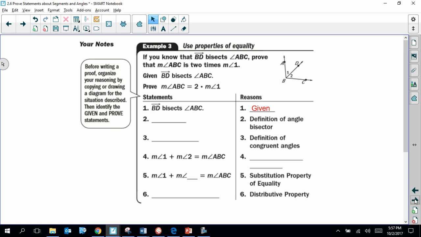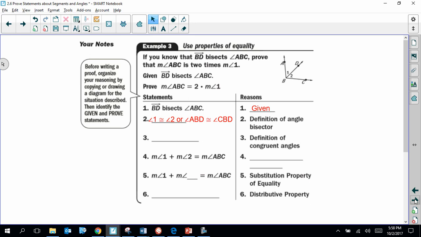If I bisect an angle, then I'm left with 2 angles that are congruent to each other. According to the definition of an angle bisector, we have to have 2 angles that are congruent to each other. Whether you call them angle 1 and angle 2, or name them angle ABD and CBD, it doesn't make a difference, as long as you recognize that those angles will be equal to each other, or congruent, I should say.